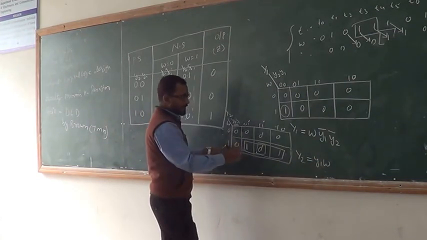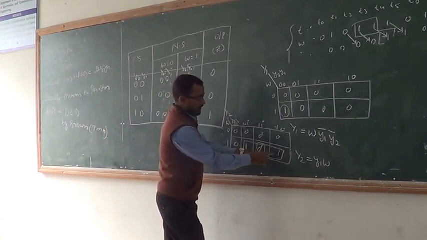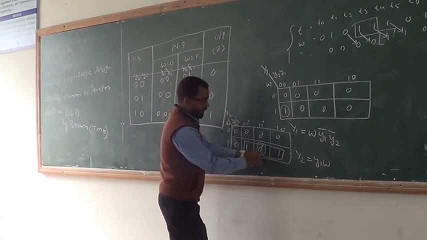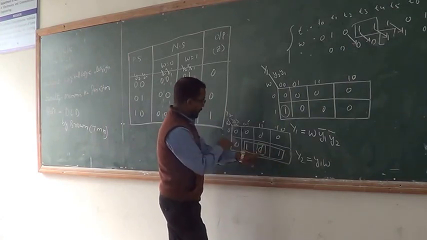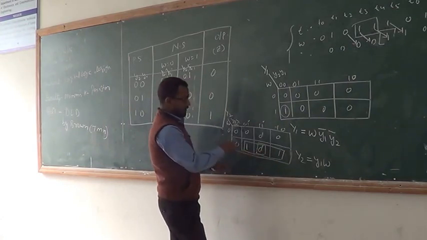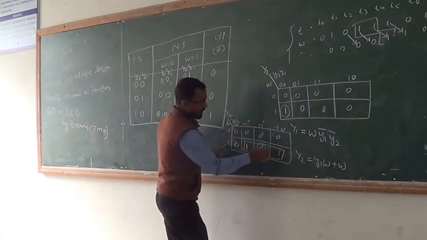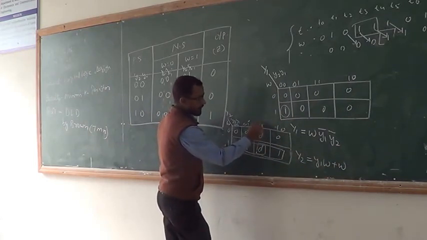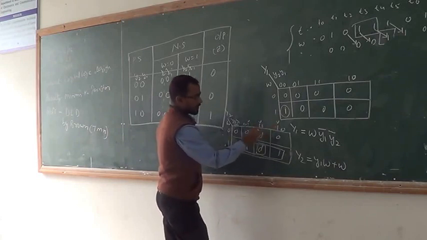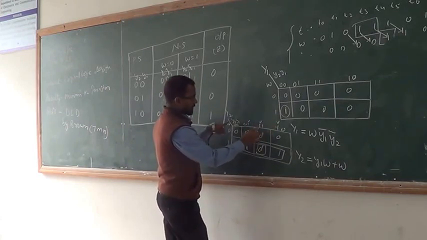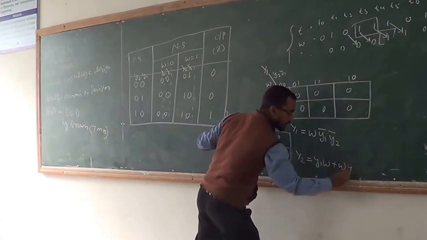And the second one is here. There is a pairing. Here pairing is made. So that means here w plus w, and in this case this is not changed. Therefore, this is y2. We write down here y2.